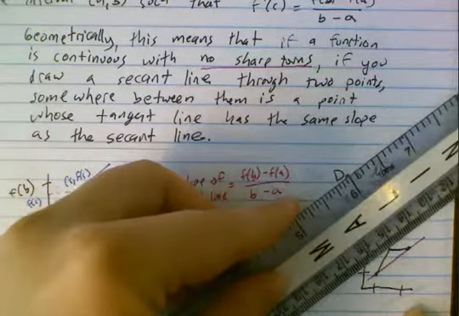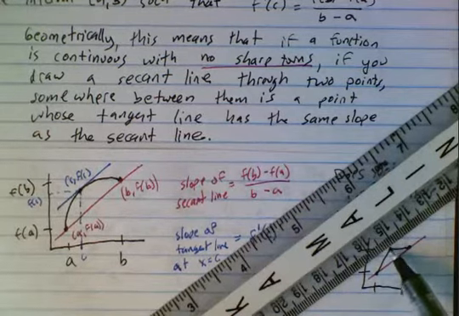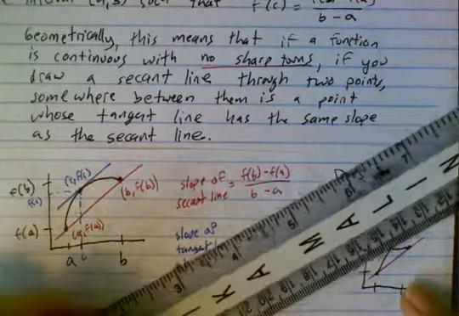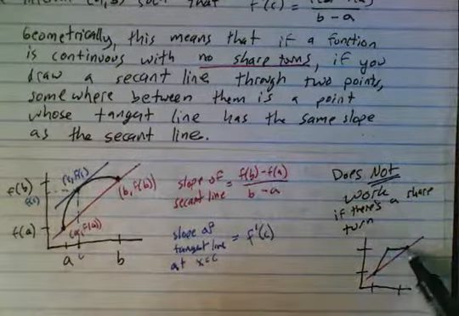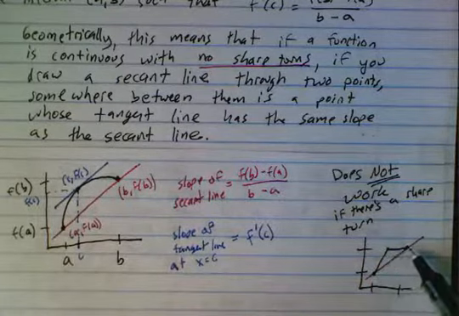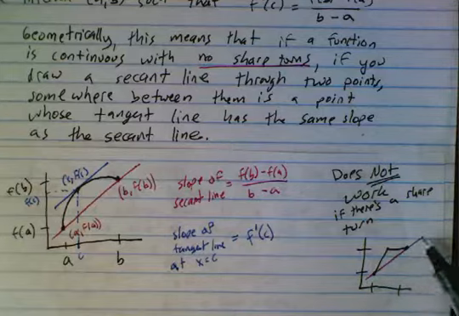But we notice that this point doesn't have a tangent line because there could be multiple different tangent lines. There's no single one that we can pin down. And so we really only have these two little line segments. This has a steeper slope, this has a shallower slope, but there is no point that has the exact same slope for the tangent line as there is for the secant line here.